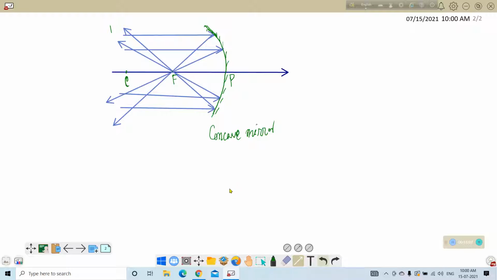If we take convex mirror, that means I am drawing the picture in another page.